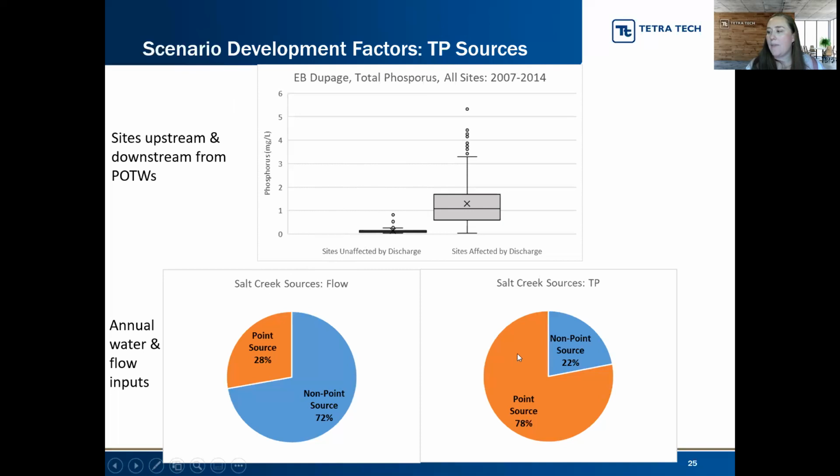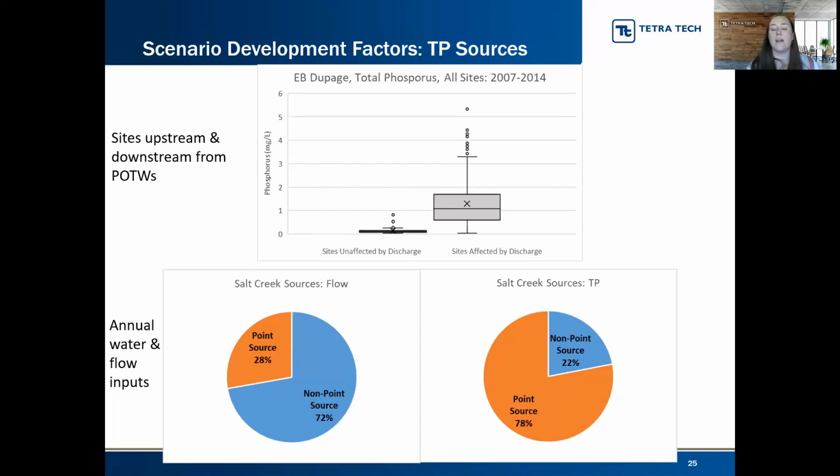And looking here at these percentage pie charts, I have charts like this for each watershed, and they're all very similar to each other. We see that point sources, our wastewater treatment plants, account for maybe a quarter of the flow volume in stream, but they account for three-quarters of the total phosphorus loading in stream.